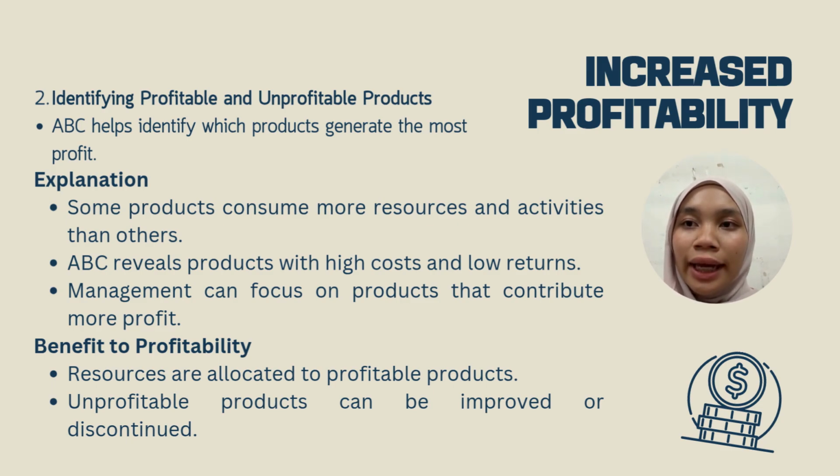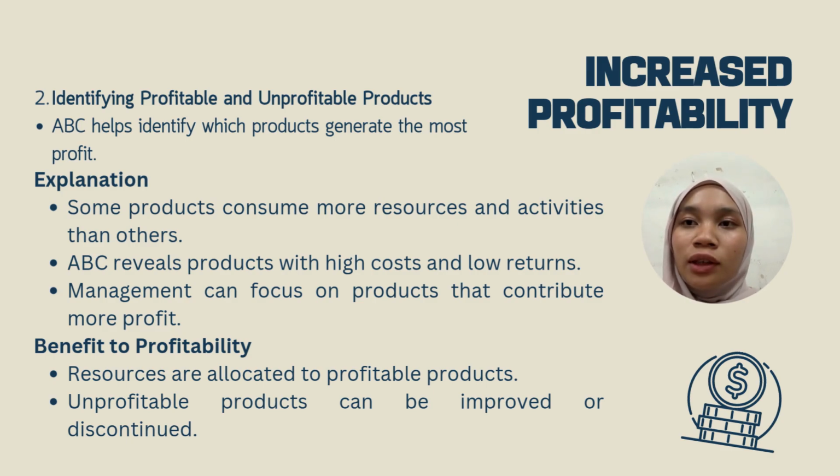ABC, however, acts as a financial X-ray, revealing exactly which products have high operational costs but deliver low financial returns. Once management has this visibility, they can stop wasting time and money. They can strategically focus their marketing and sales efforts on the products that contribute the highest profit margin.